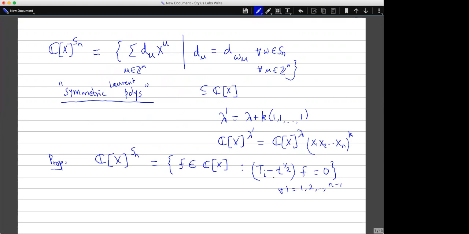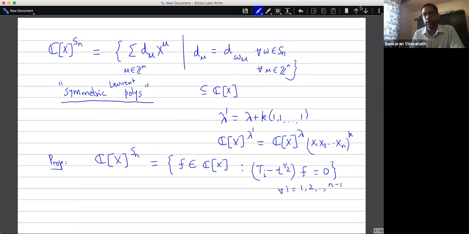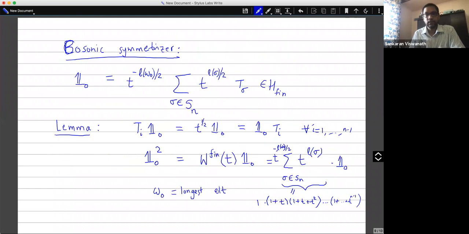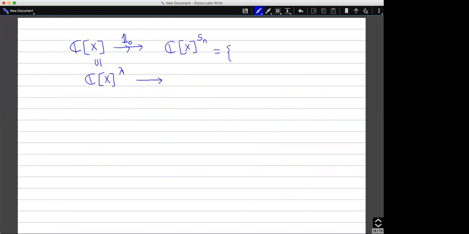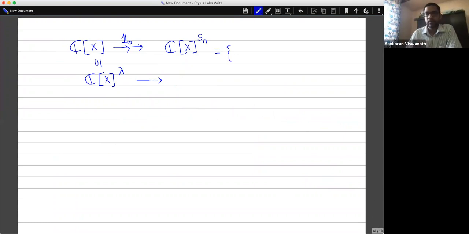So that's the connection: we say symmetric Macdonald polynomial, so we are talking about symmetric polynomials, but we want to rephrase that in terms of the Hecke algebra. So that's where we can bring in the Hecke algebra. This is exactly all copies of the trivial representation. Thank you.